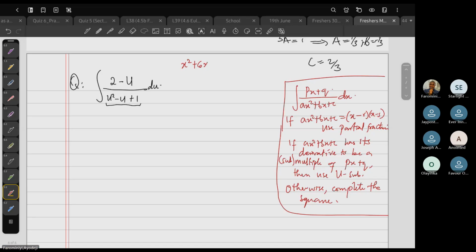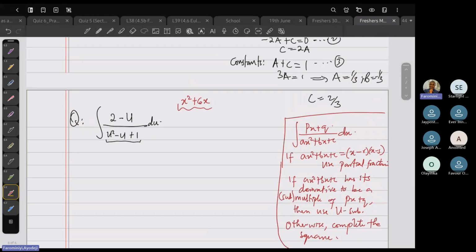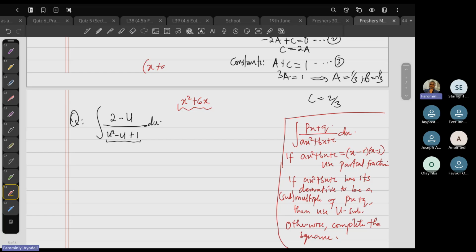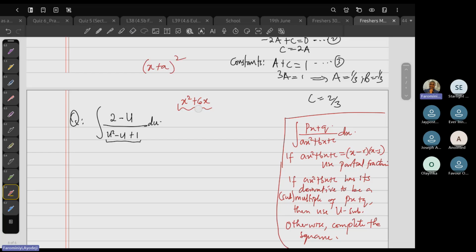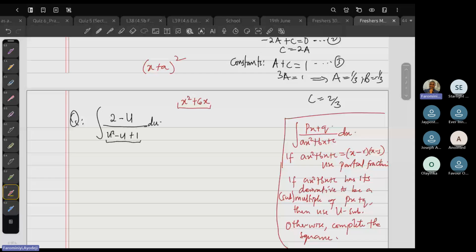We add 3 squared. Sorry, sir, I didn't get the question. You see, this is an incomplete square. What do you call a perfect square? A perfect square is something that looks like x plus a, all squared.